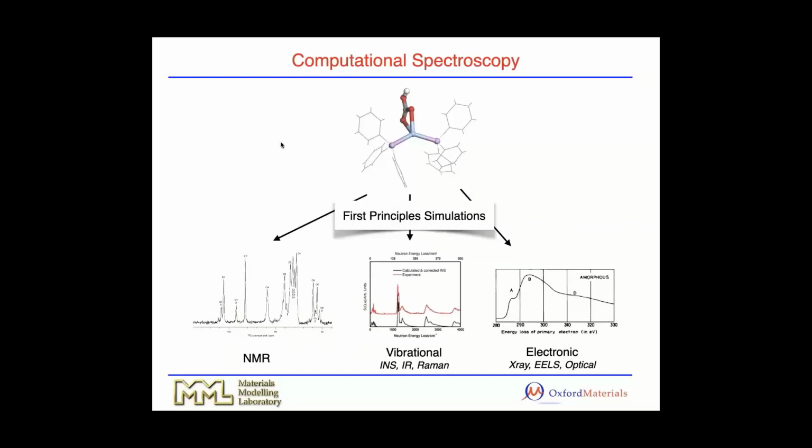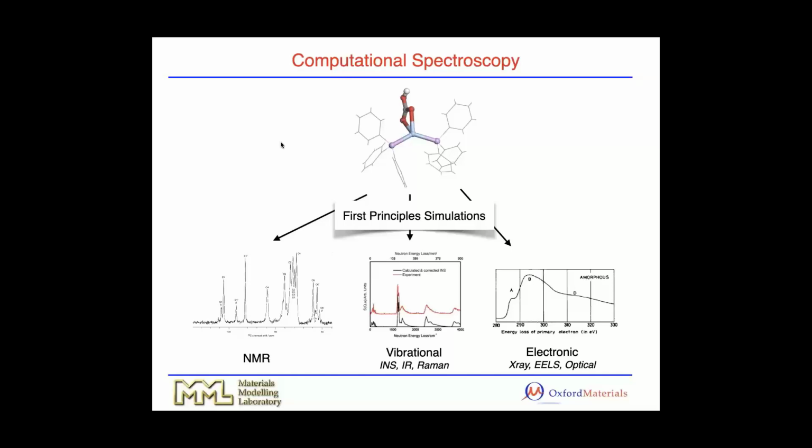Okay. So the idea of computational spectroscopy is that we can take some knowledge of what the material is and use first principle simulations, so simulations that are built on quantum mechanics, to try to predict experimental observables. So that could be what we would see in an NMR experiment. It could be things like vibrational spectroscopy, IR, Raman.